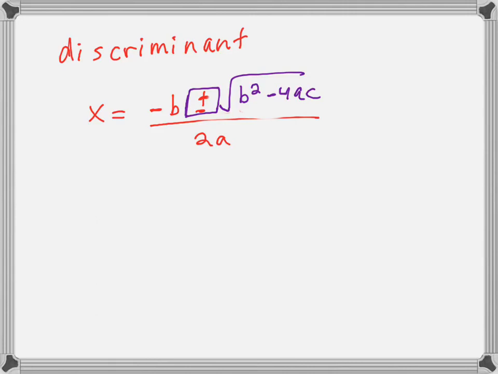So if our discriminant is equal to 0, so if the square root of b squared minus 4ac is equal to 0, then we really only have one real root. So we're going to look at an example of that really quick.